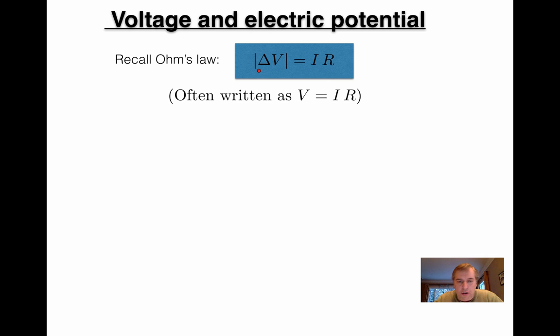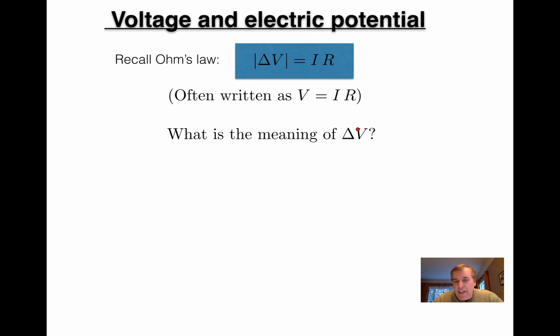You'll see why shortly. So what's the meaning of delta V? From the notation, you can expect that it will be a difference of V between two points. Just a warning: this V is not the speed.